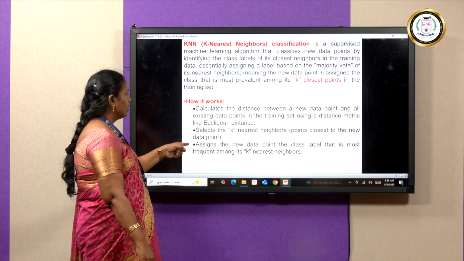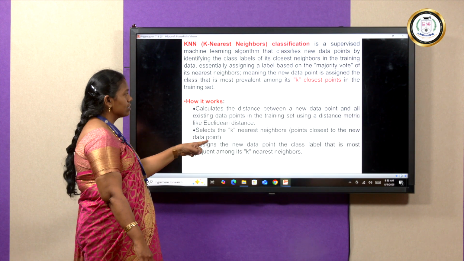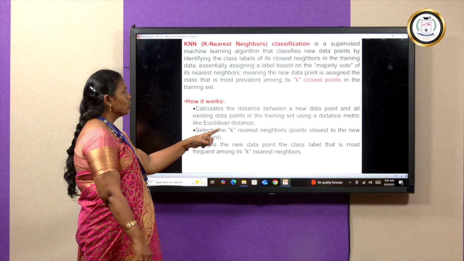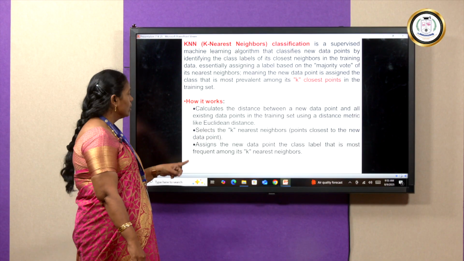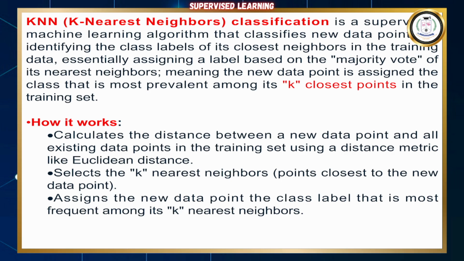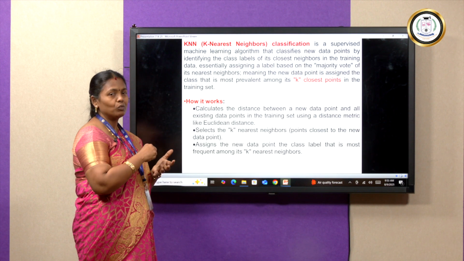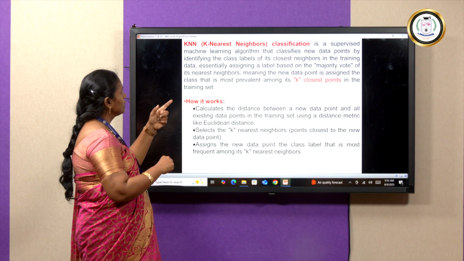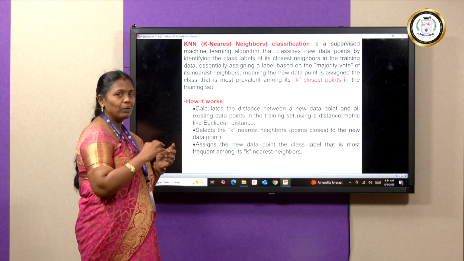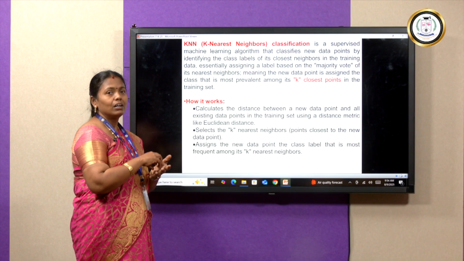So here we can select k nearest points, the closest to the new point. We can assign the new data point to the class label that is most frequently occurring in the k nearest neighbors. So whichever is the most frequently occurring value, we take that as the resultant value. This comes under the k nearest classification algorithm, by which I can find out my classification value.